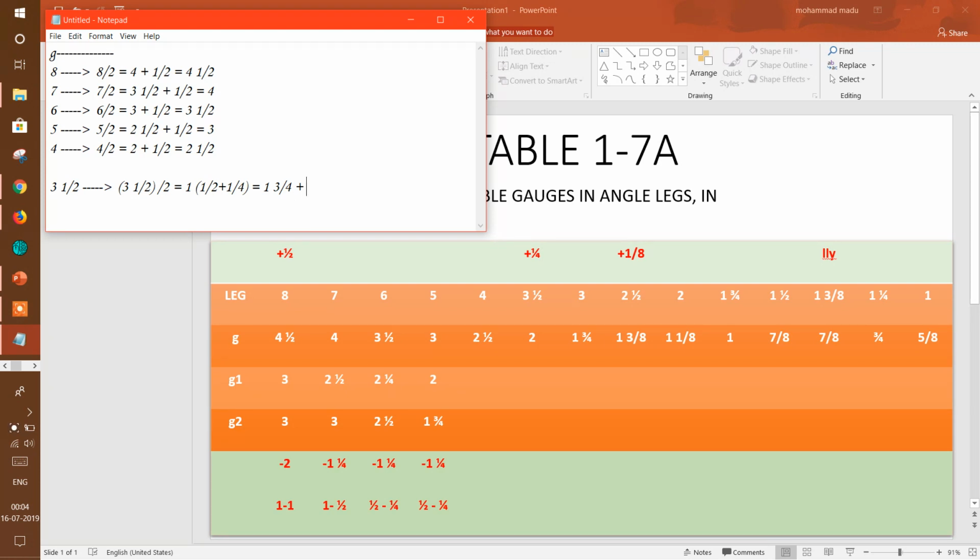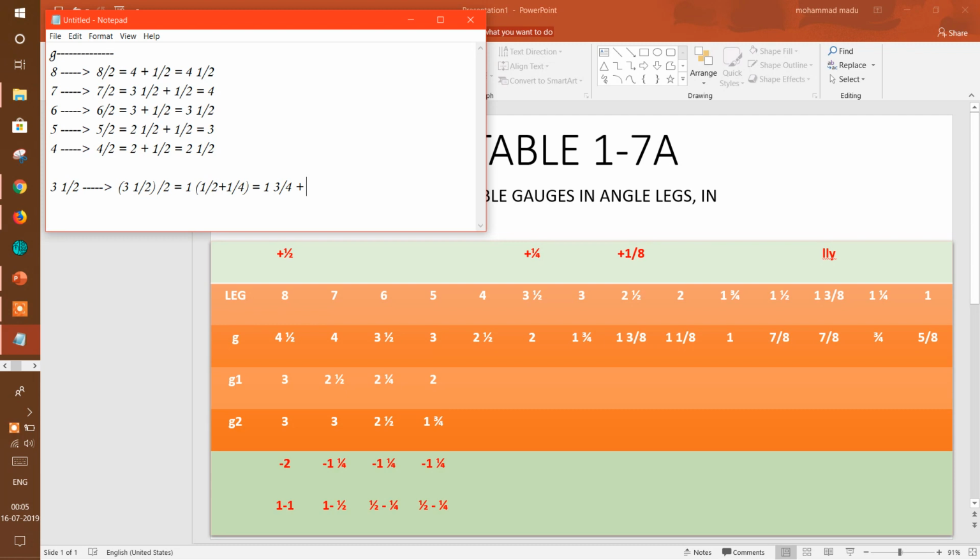Just remember this. Starting from 8, we're going to add plus 1/2 in short leg G, and we get up to 4. And from 3 and a half onwards, we're going to get into fractions like that. 1/2 by 2 means 1/4.